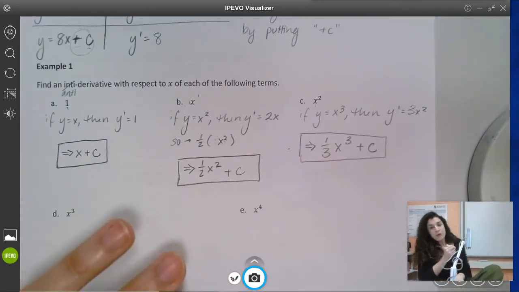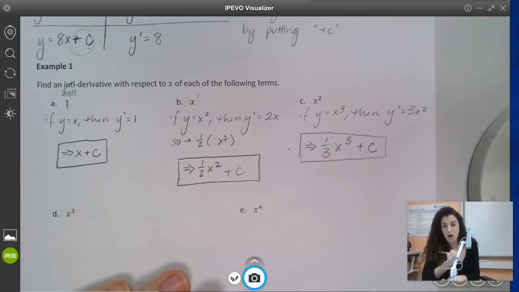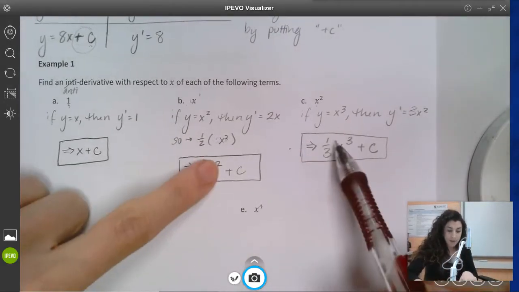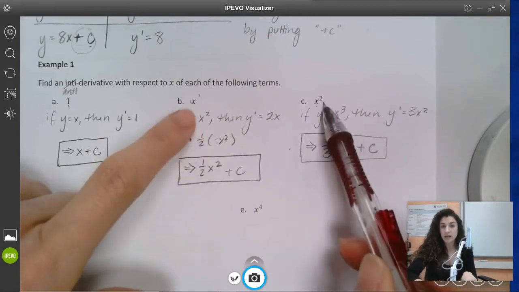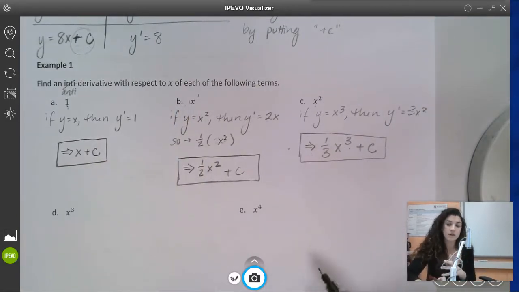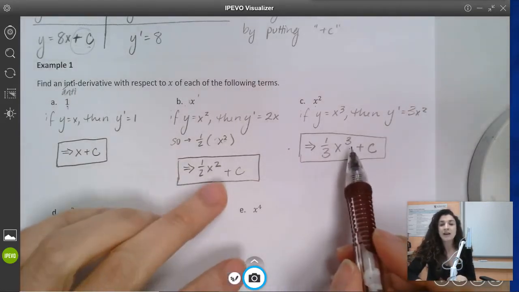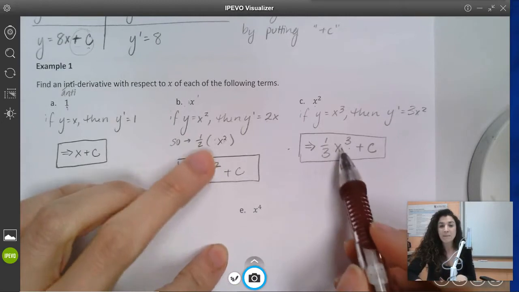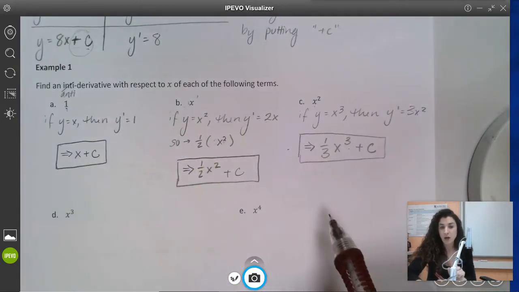So hopefully now we can see a pattern of what's going on when we start to find these antiderivatives, that we go up by 1 in our exponent. That feels familiar from our power rule when we found derivatives in the past. And now it's not just going up by plus 1, we're also dividing by our new exponent.